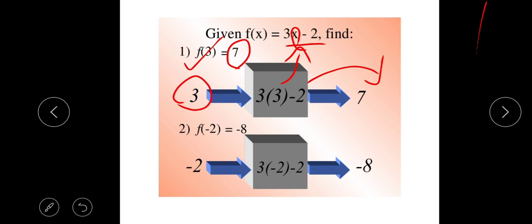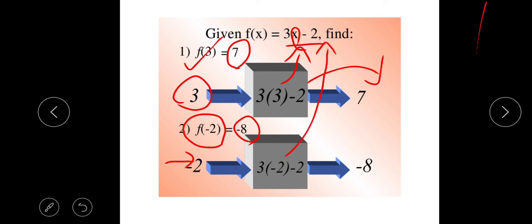Now similarly, what is the value of f of minus 2? Which means, what will be the output when you input the number minus 2? The answer is minus 8. How? The operation is 3x minus 2.